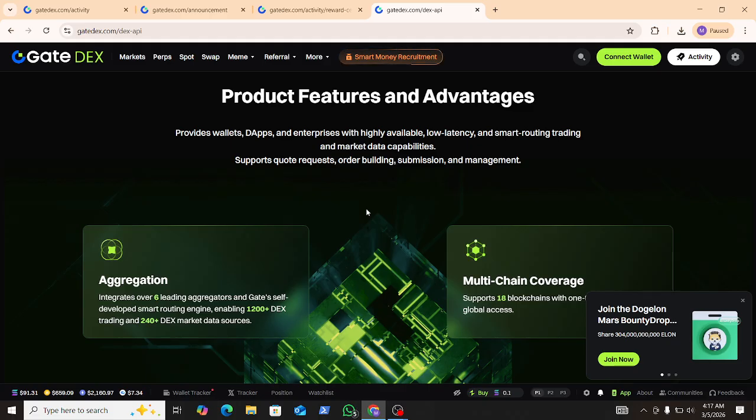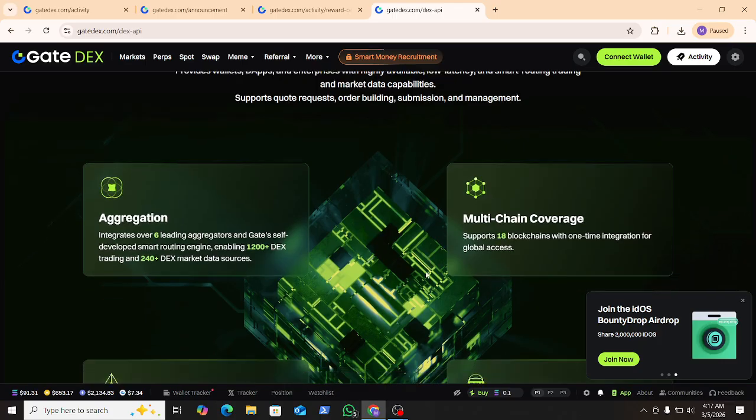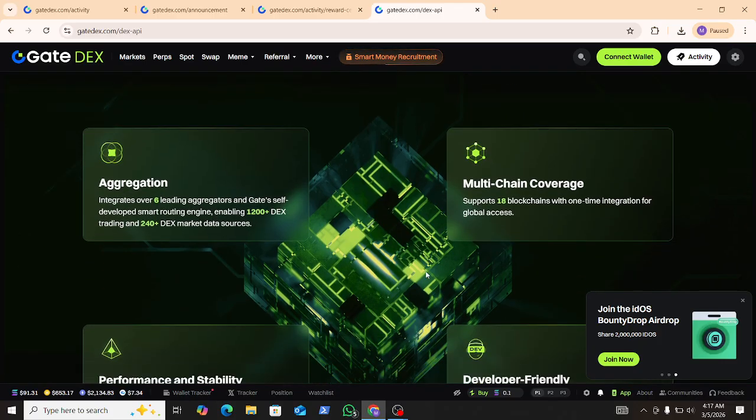Aggregation. Integrate our 6 leading aggregators and Gate's self-developed smart routing engine, enabling 1200 plus DEX trading and 240 plus DEX market data sources. Multi-chain coverage.